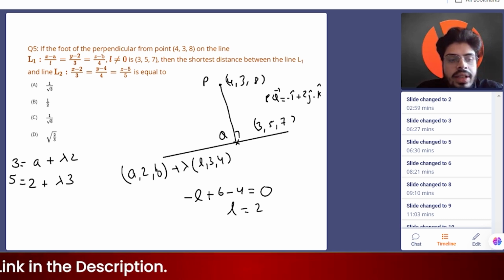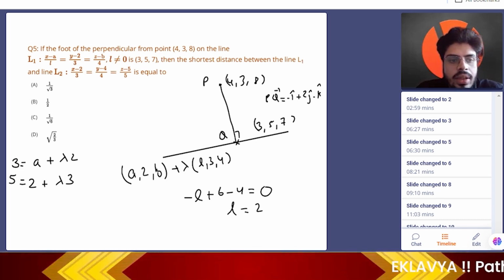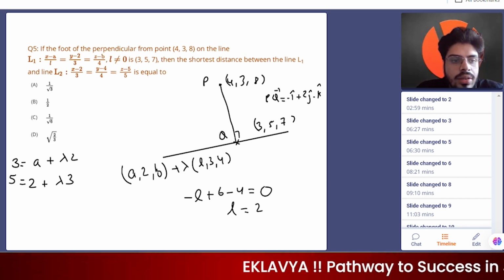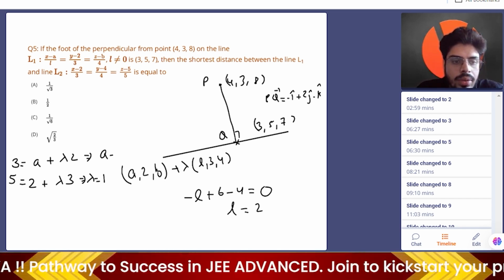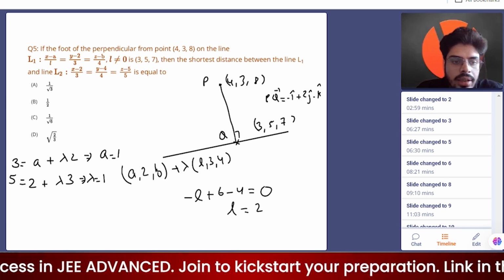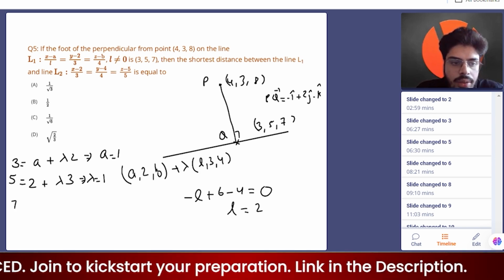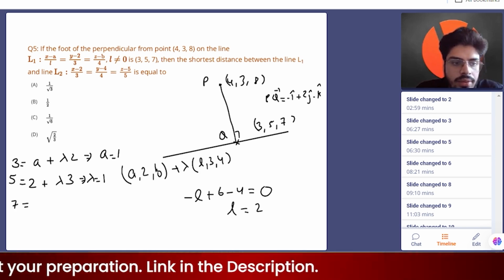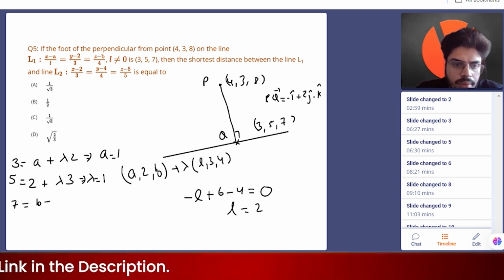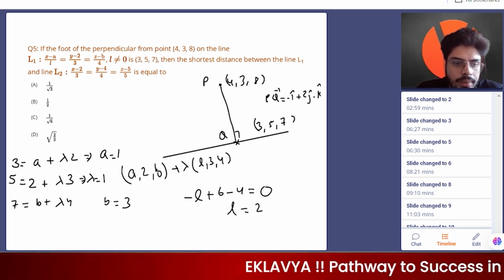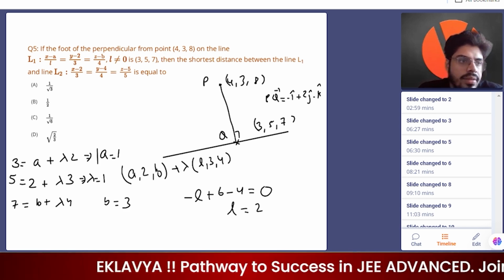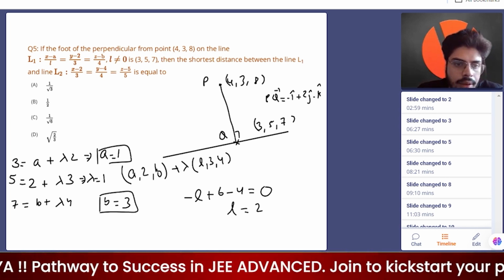So from here I will get lambda equal to 1. I'll put lambda here, I'll get A equal to 1. Similarly for B, 7 will be equal to B plus lambda 4. So lambda is 1, so B will be 3. So I'll get A is 1 and B is 3.